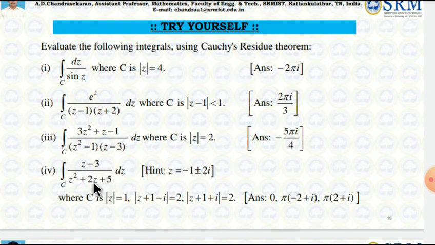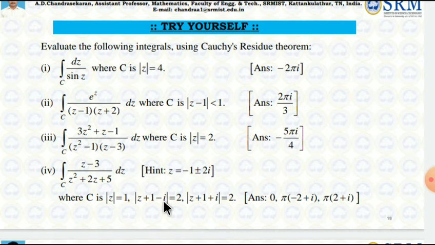Okay, so the last one, z minus 3 by z squared plus 2z plus 5. When I factorize this by using the quadratic formula, the roots are minus 1 plus or minus 2i. So the roots are complex as well, the poles are complex. There are 3 regions given. One is mod z equal to 1. For this, the answer is 0.